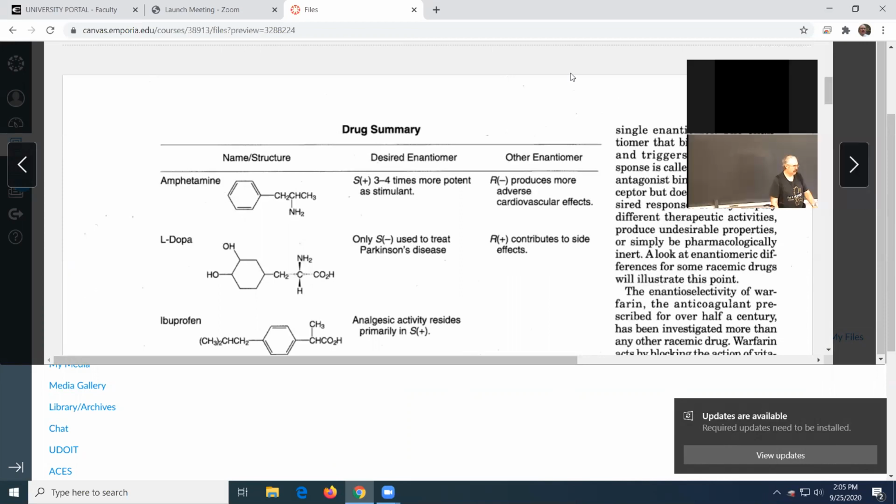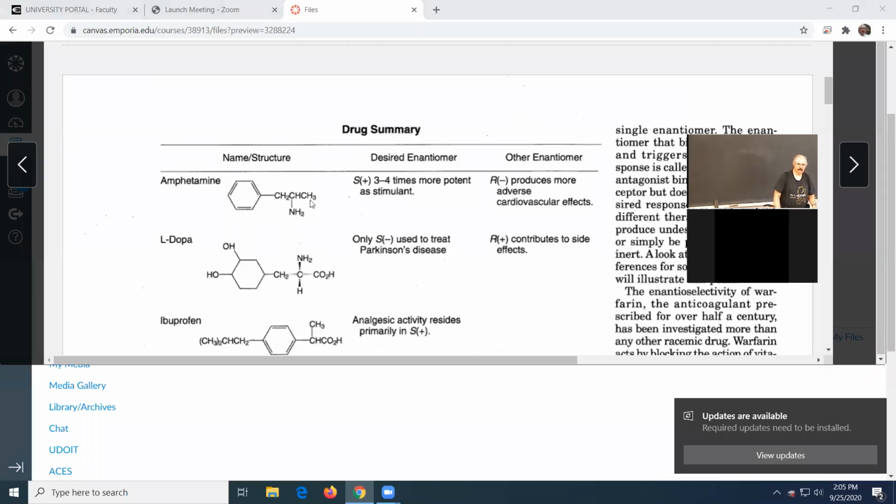One example of a compound that has different biological activities for its enantiomers is amphetamine, and the S plus isomer is 3 to 4 times more potent than the R minus.